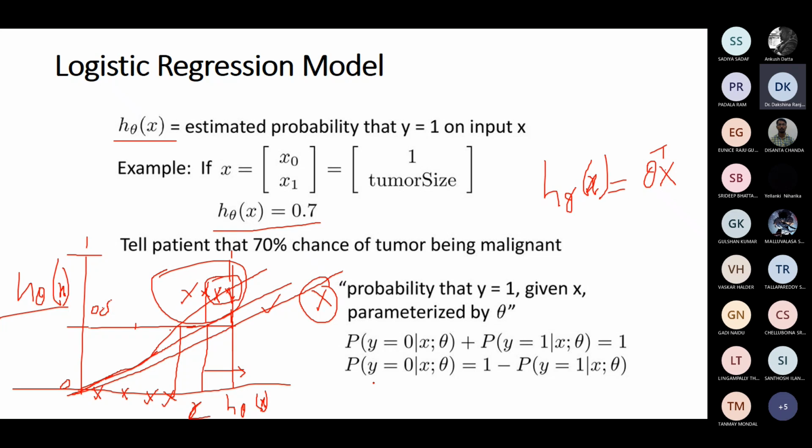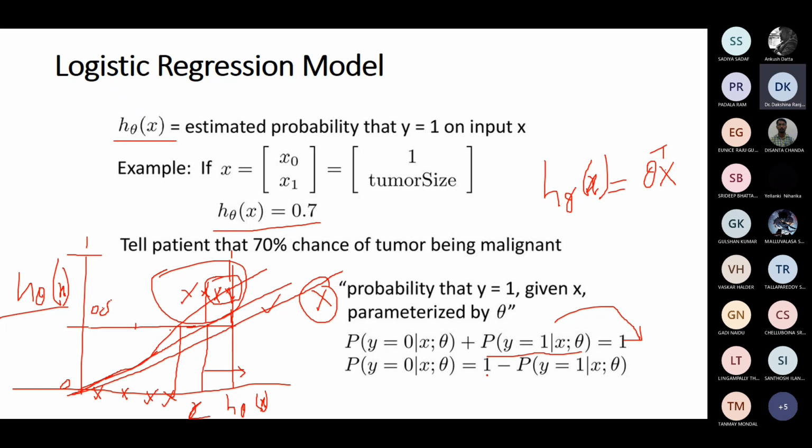Now, when we get the probability y equals 1 given x, then having this probability, we could get the probability of y equals 0 given x by taking the term probability of y equals 1 given x to the right hand side.